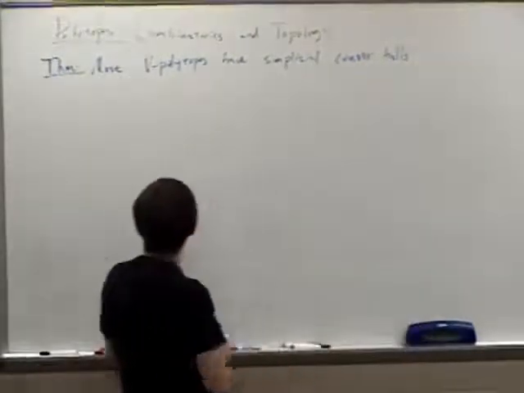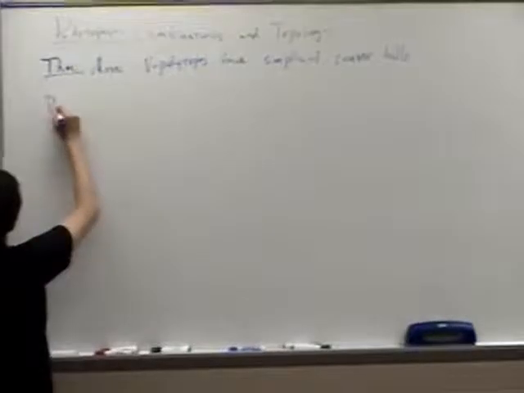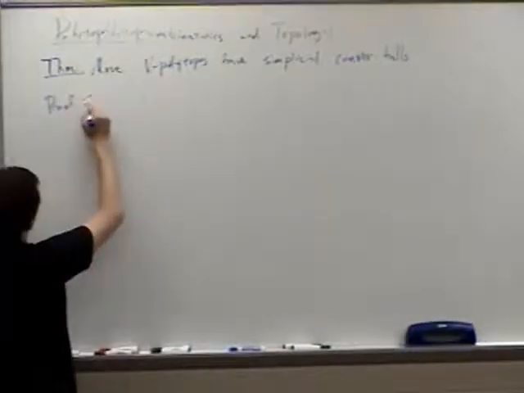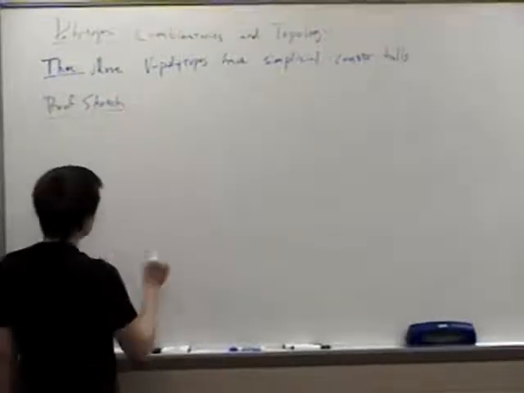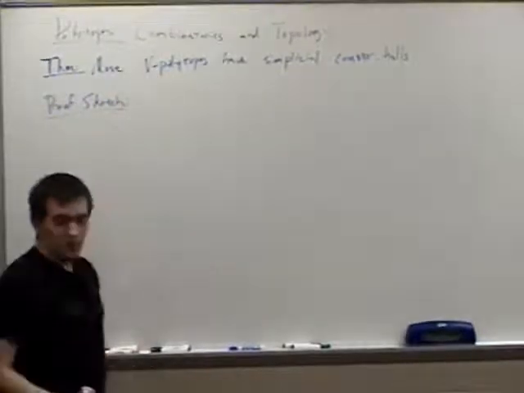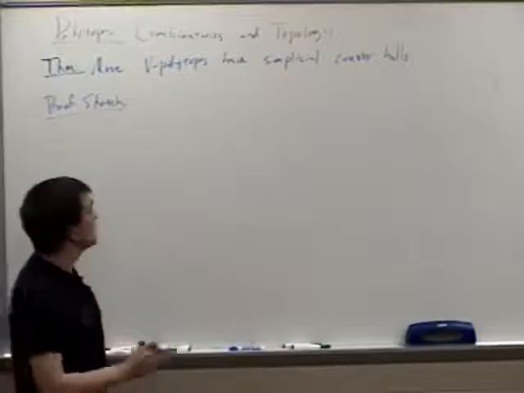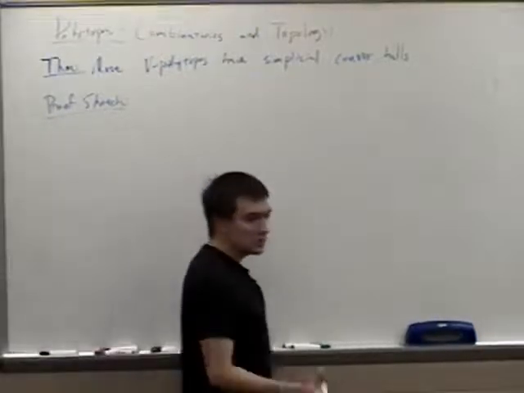All right, so here's a sketch of how you prove this. Okay, take any V polytope which happened to be not a simplicial V polytope.